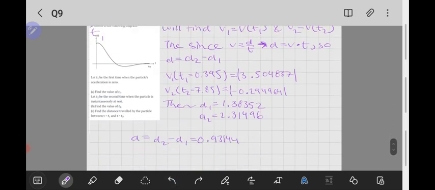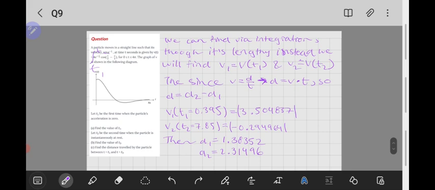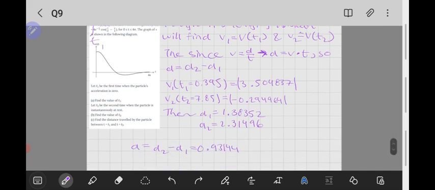But an easier way is to find v1 and v2 for t1 and t2, and then since v is equal to distance over time, distance is just equal to velocity times time. So you could find the second distance and the first distance and find the difference of the two.